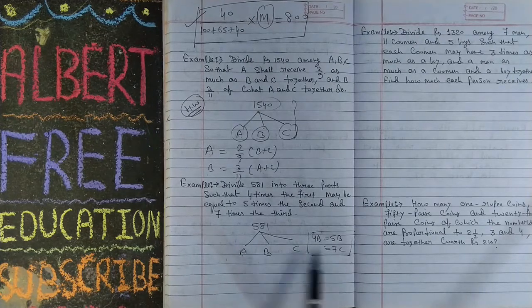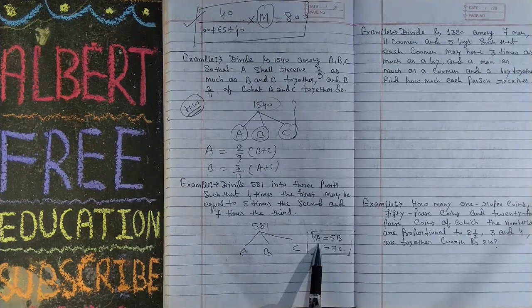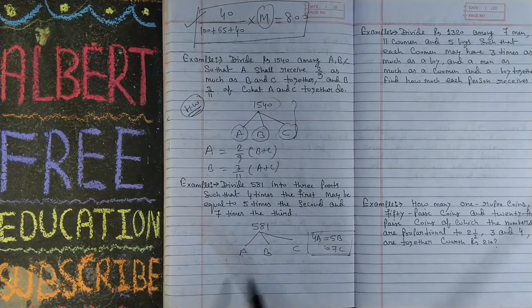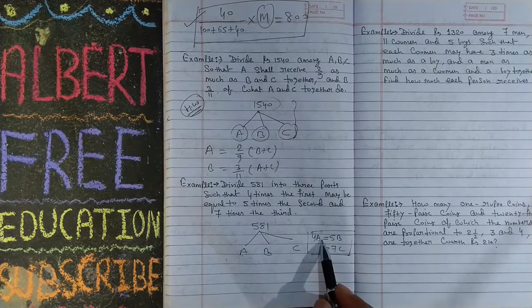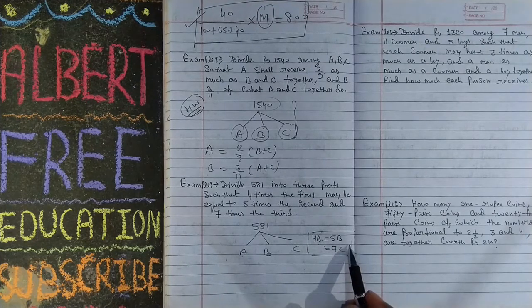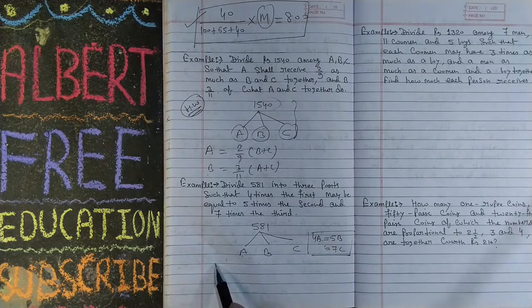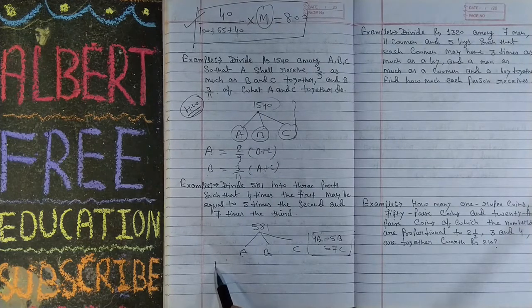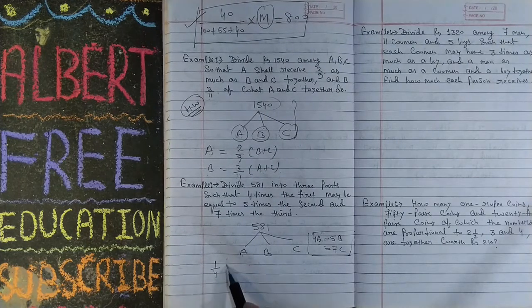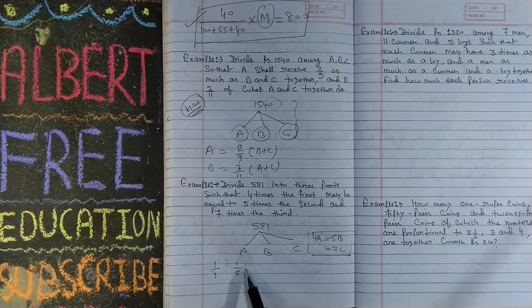Your first part, A, is equal to 1 upon 4 you can write. So in this condition your answer will be 1 upon 4 ratio 1 upon 5 ratio 1 upon 7.